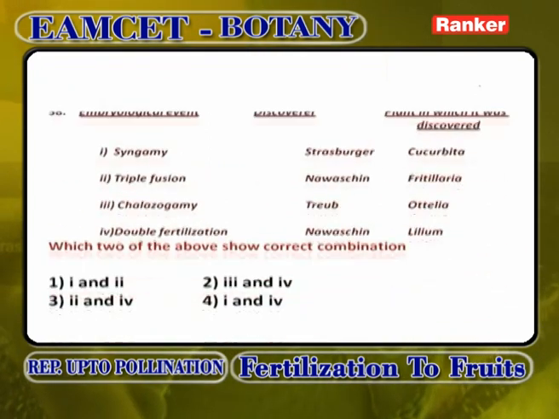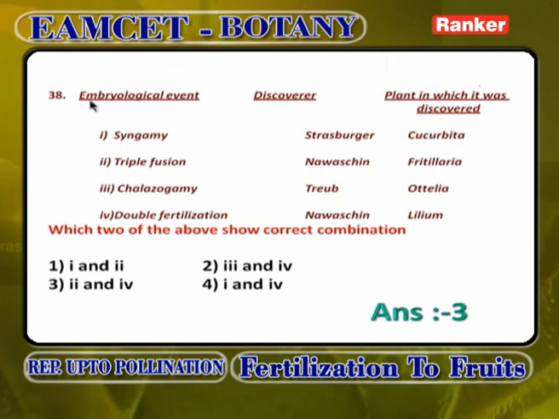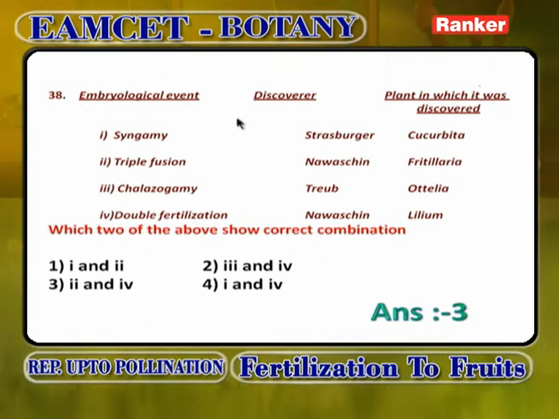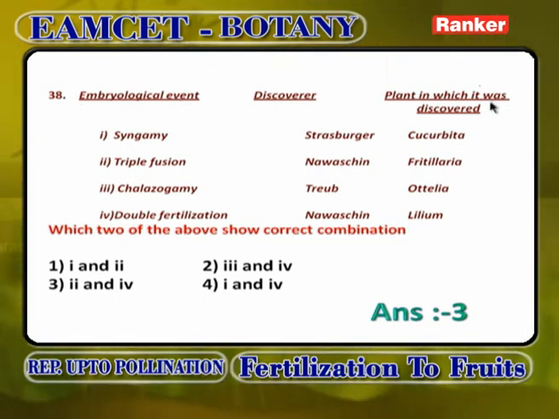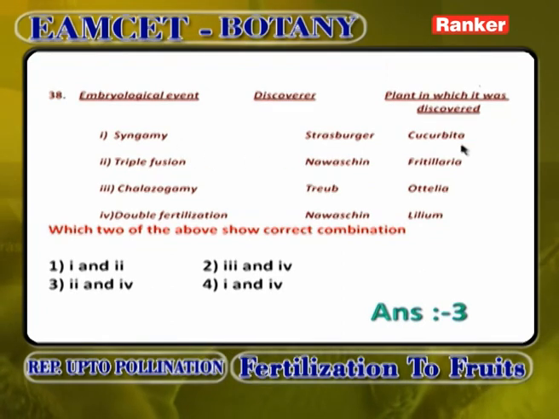Next, this is again matching. Embryological event, discoverer, plant in which it was discovered. Which two of the above show the correct combination? Syngamy, Strasburger, Cucurbita is wrong. Triple fusion, Nawaschin, Fritillaria is correct.